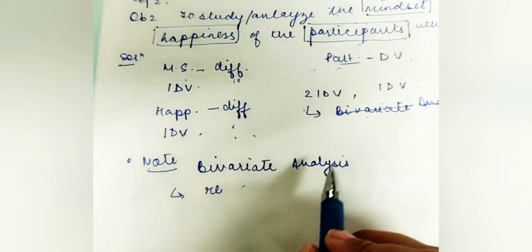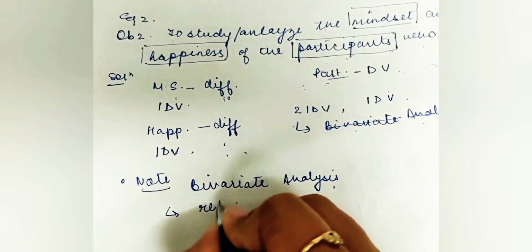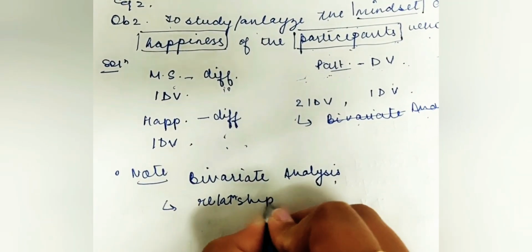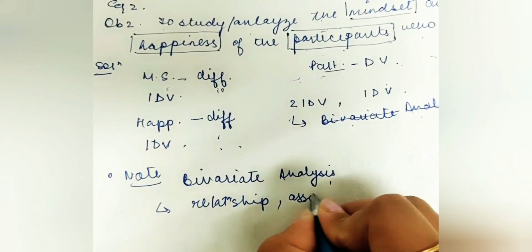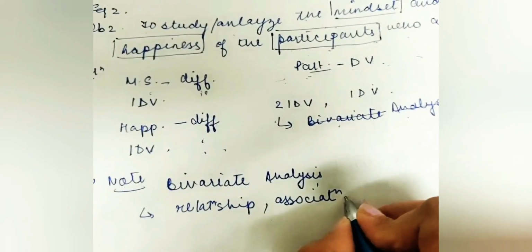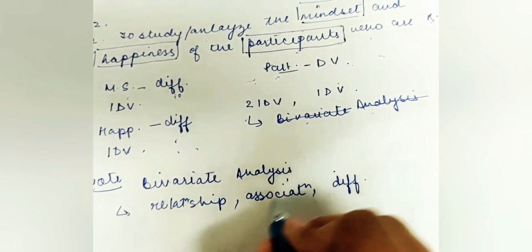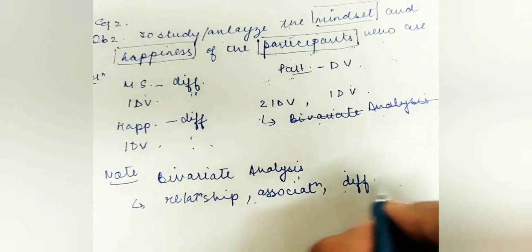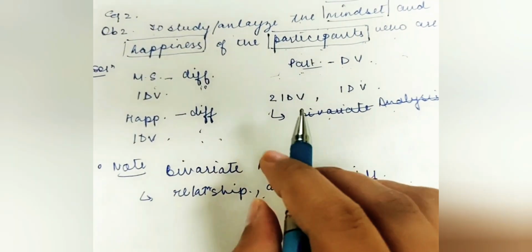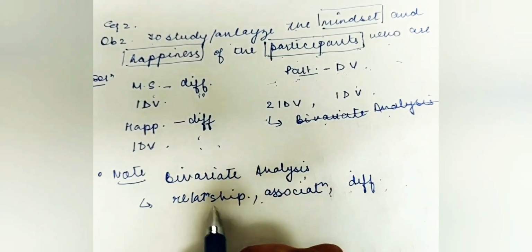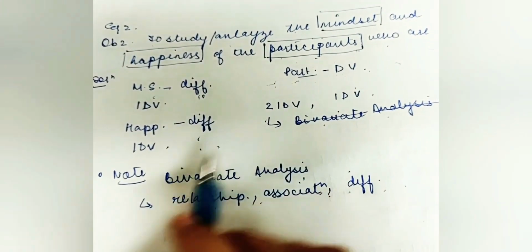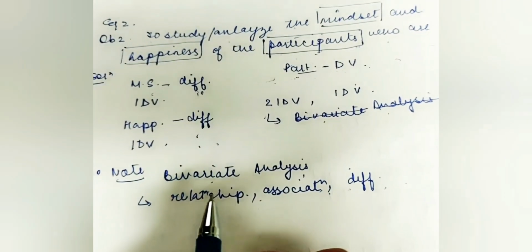Note, in a bivariate analysis, the following terms like relationship, association, differences, or any words related to these, if they are there in an objective or in a statement, then only that objective will be a bivariate analysis.